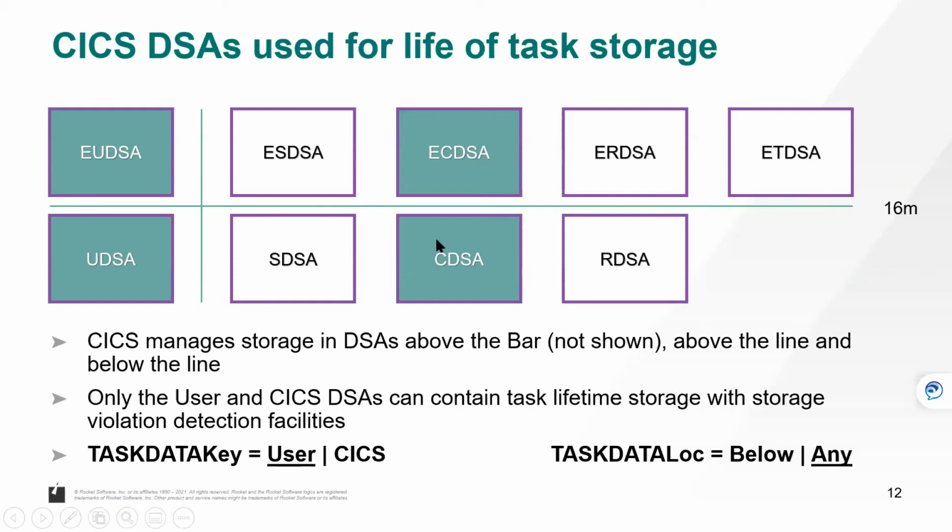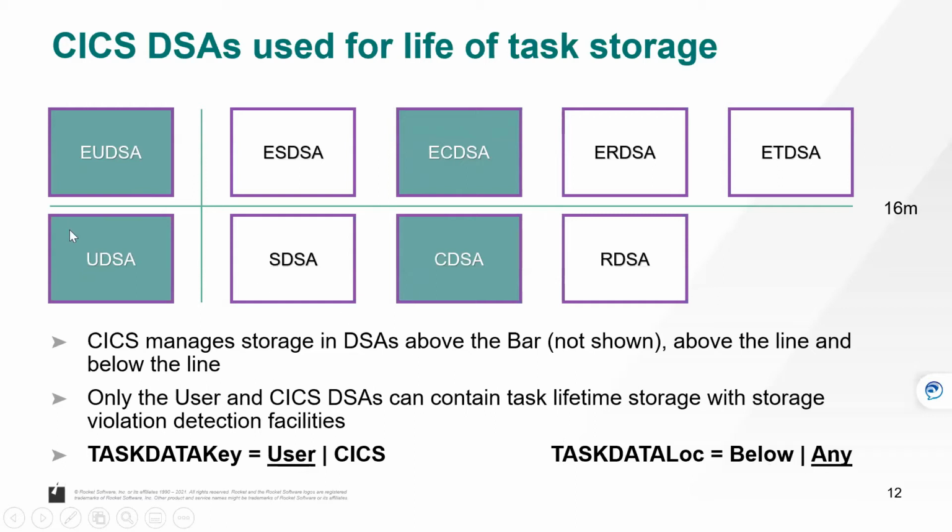And then you'll see I've highlighted in green these DSAs, right? The reason is the task data key identifies where you're going to get your task lifetime storage from. If it's user, which is the default, then your task lifetime storage will come out of the extended user DSA or the user DSA. But that depends on task data location.